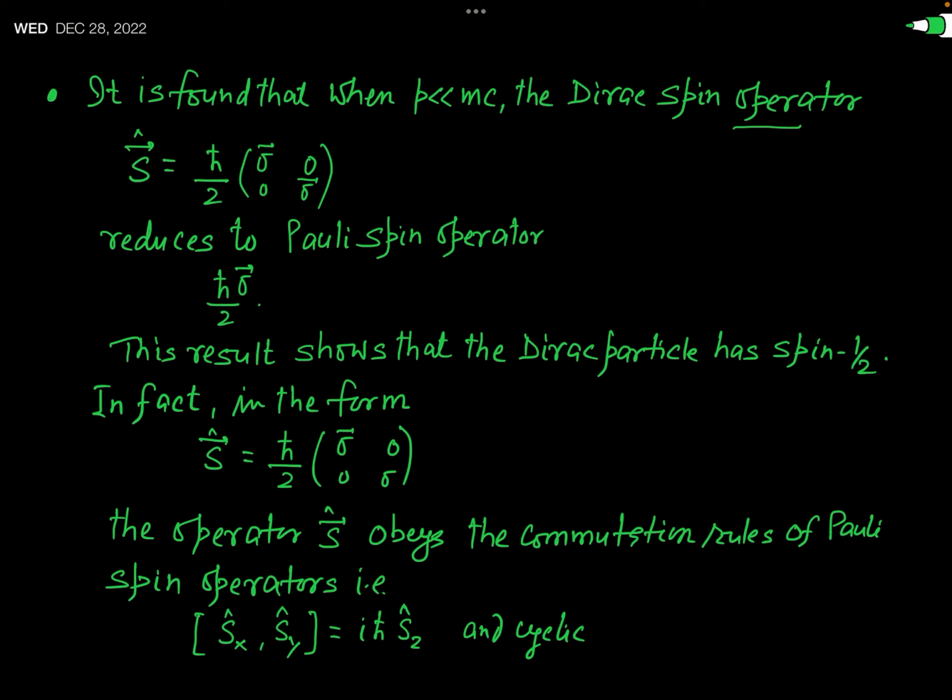After this Dirac theory, it was theoretically proven that particles have a property like spin. So Dirac theory is the first theory to prove the existence of spin of the electron and other particles.